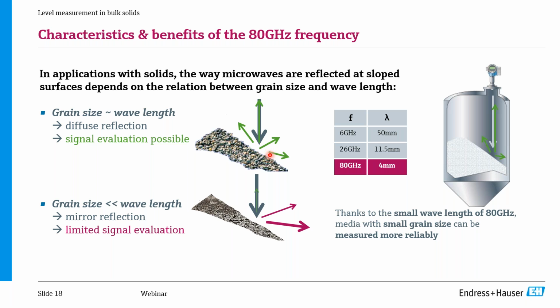So for the 80 gigahertz version, the material size can be something around 4 millimeters. So we can really have a very effective measurement.